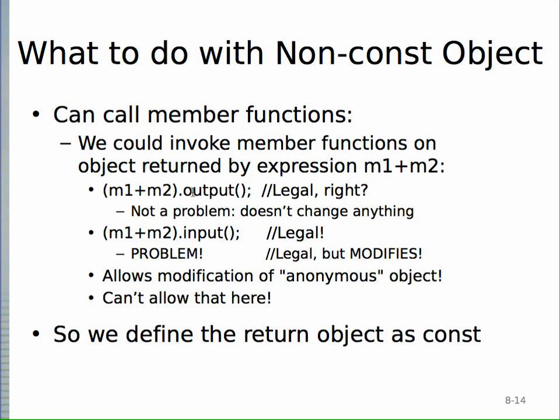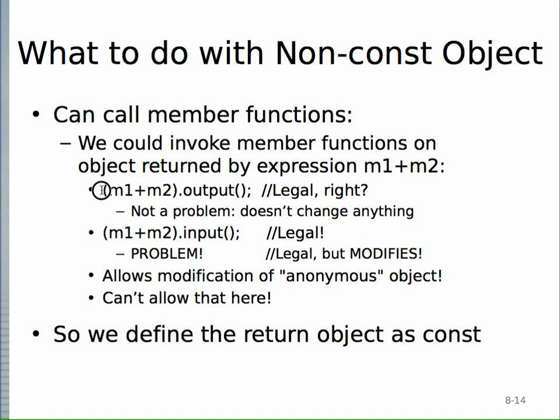So then, we might possibly run into problems. It depends on what those methods do. So the whole problem is we can call member functions of the result of an addition. So we could invoke a member function on the object returned by this expression M1 plus M2 like this.